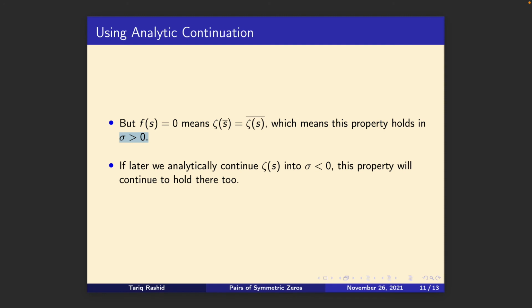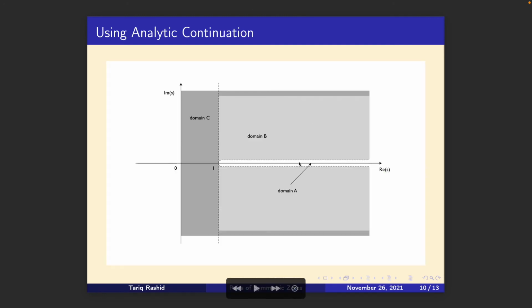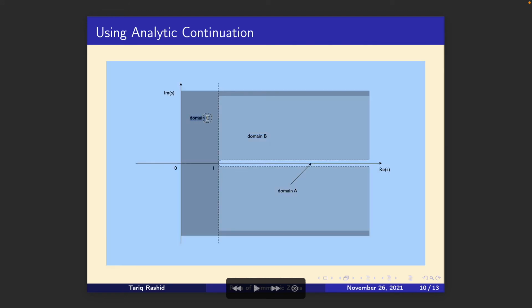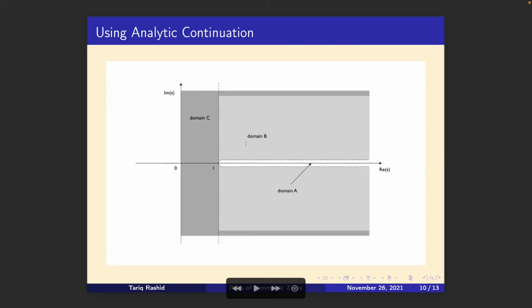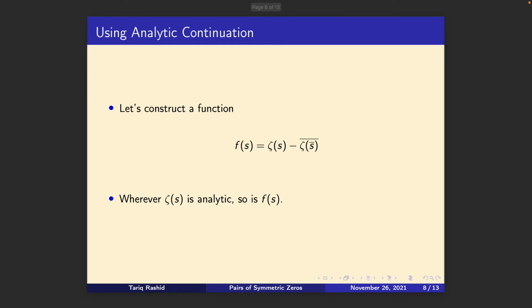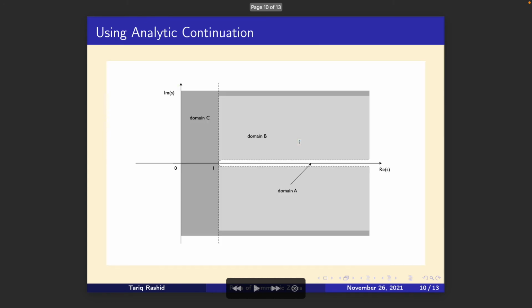Let's say that again. That property holds initially on domain A because f is 0. f is 0 in domain B, so that property holds. And f is 0 in domain C, the bigger one, so that property holds. Remember, f is 0 is an expression of that property. f is 0 means this equals this. That's the property we were interested in.